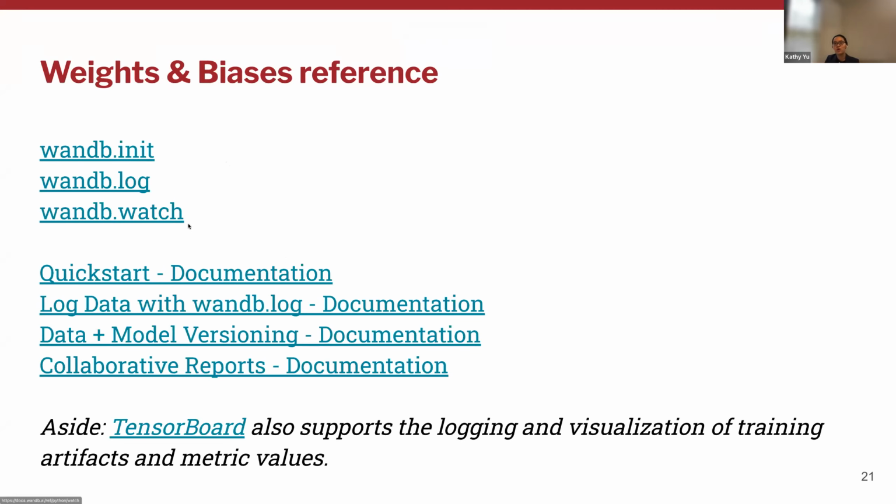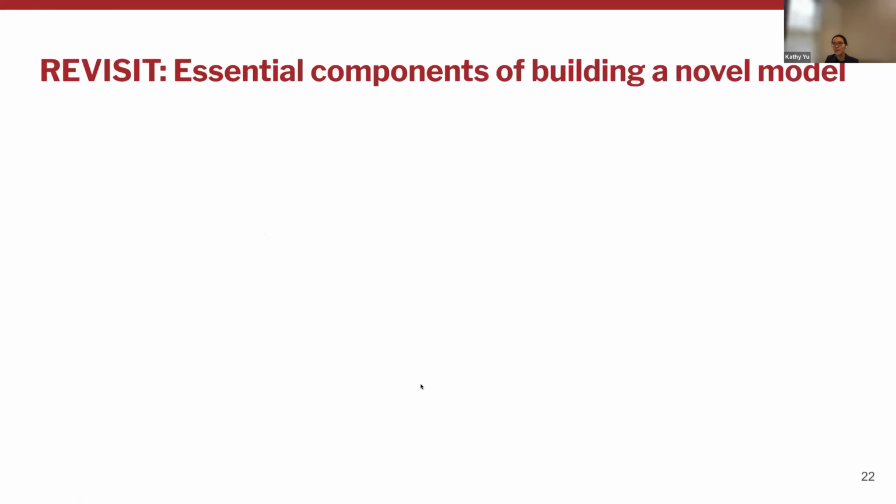And then we also have this watch function to continuously monitor certain model statuses. And also one thing that I want to highlight here is Weights and Biases is a very helpful platform that allows you to do a lot of other things. Meanwhile, you can also explore other tools such as TensorBoard, which also allows you to log and visualize results. So feel free to try these things out and pick the one that you like the best.